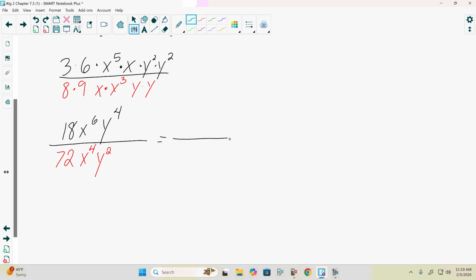So again, multiple choice. 18 over 72, probably need to get a calculator to figure that one out, yes? But whatever it is, most likely the number on top is going to be smaller than the one on bottom. We divide two numbers, 18, a smaller number over a bigger number.